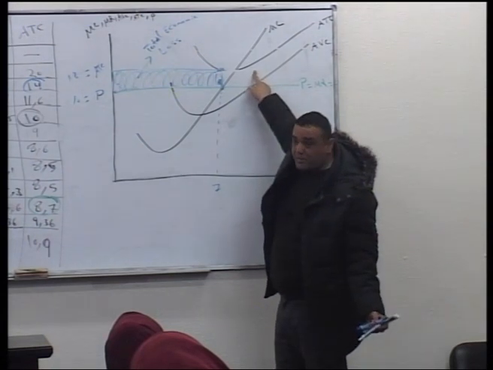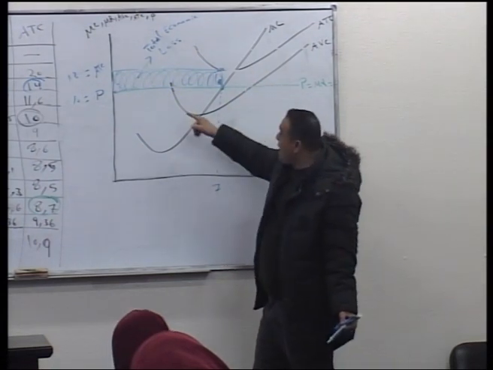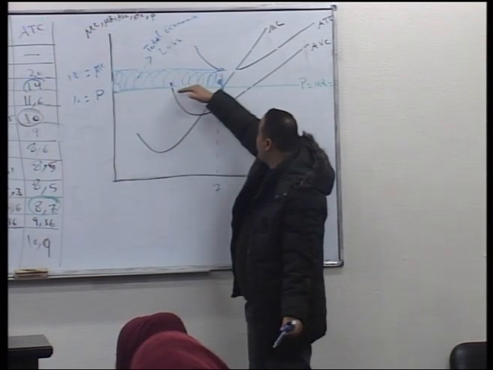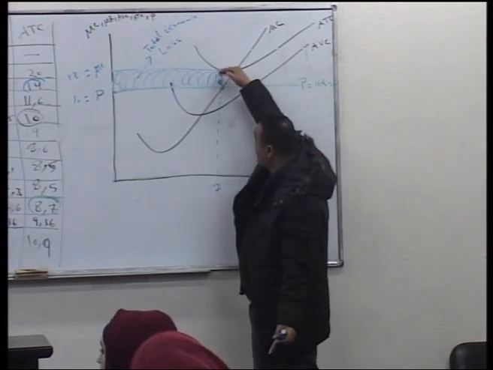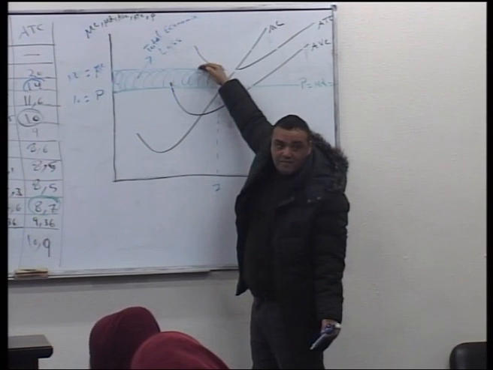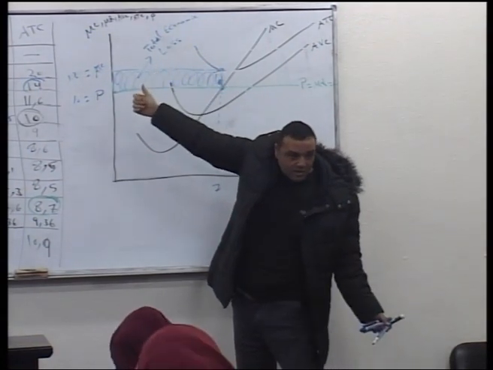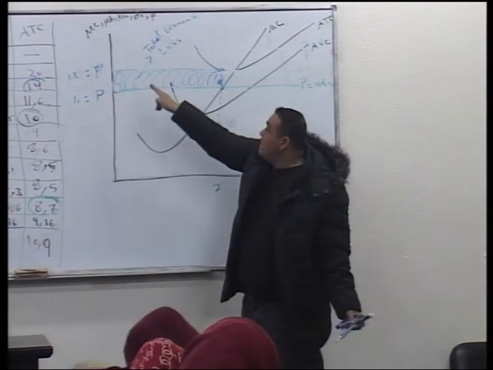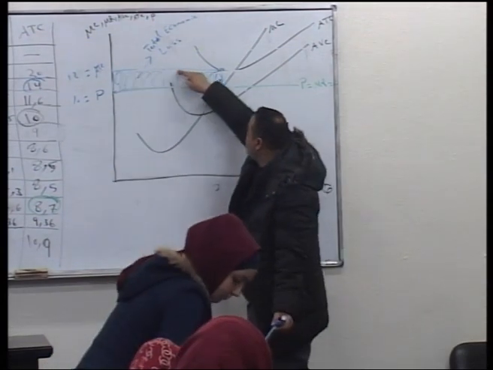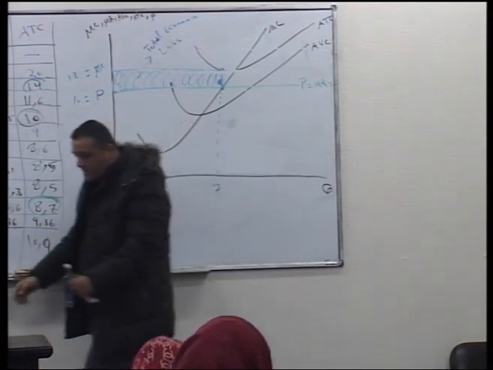Total economic profits will be positive. If the price is below or less than ATC, total economic profits is negative, or we have total loss. If the price equals ATC, let's bring it here. The third case.